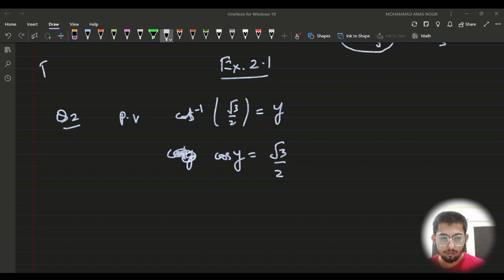Now, if you see, cos 30 should be right. Yeah, pi by 6. Cos y is equal to cos pi by 6.